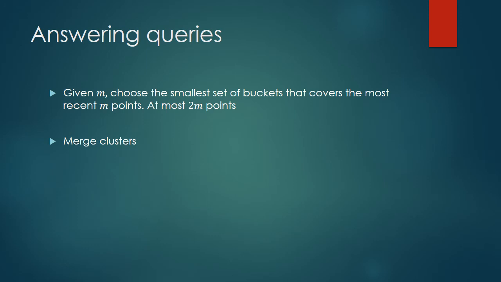Finally, if you have this kind of a representation in a historic sense, where you have clusters in ever increasing bucket sizes, then what you would do is to choose the buckets which are at least as large as m.